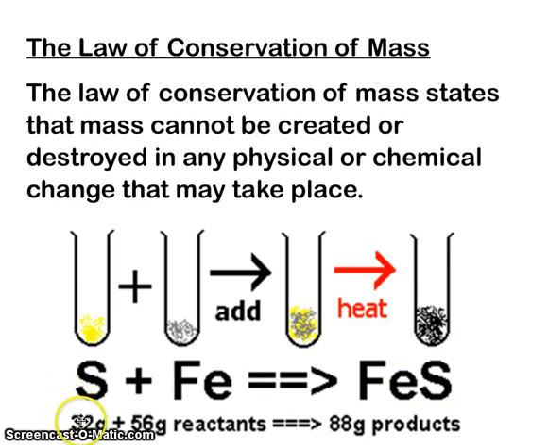So we had 32 grams of sulfur before the experiment and we had 56 grams of iron. These are on the reactant side. After the chemical change has taken place and we now have iron sulfate, we still have 88 grams of our product. So no mass was created or destroyed in this chemical reaction.